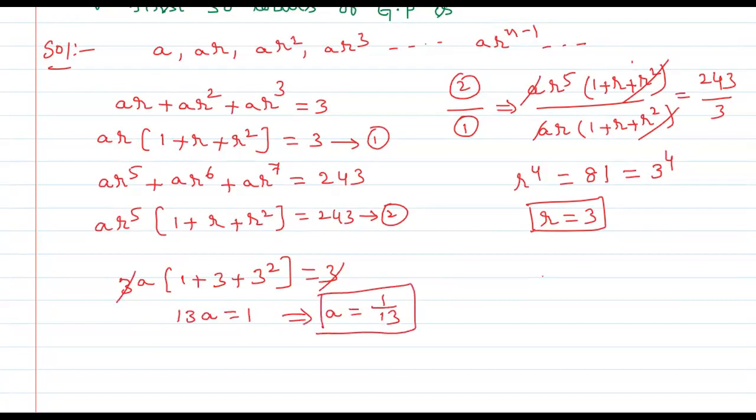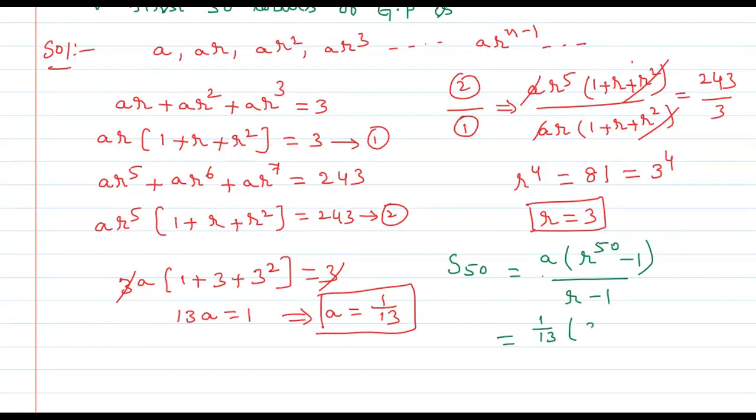Now they are asking the sum of the first 50 terms. What is the formula? A into R power n minus 1 divided by R minus 1. What is A here? 1 by 13.